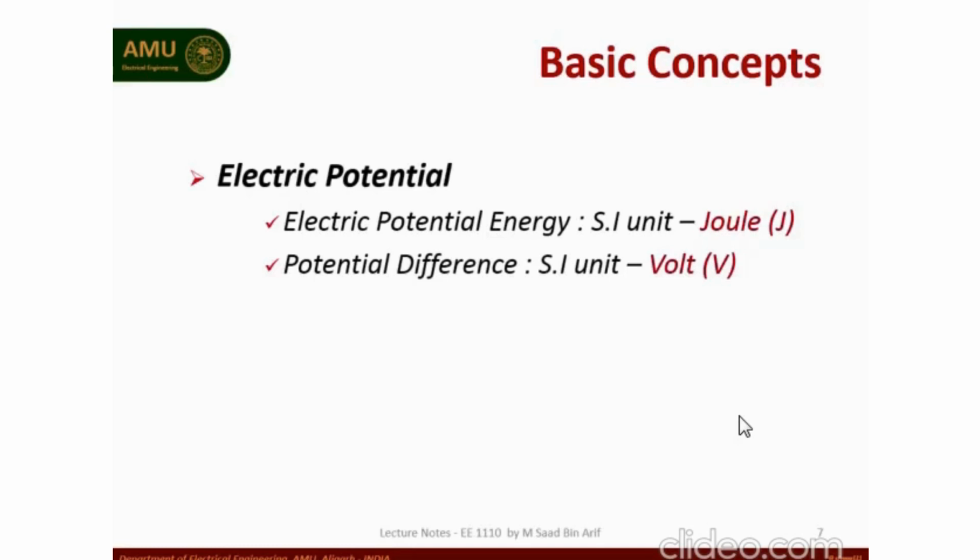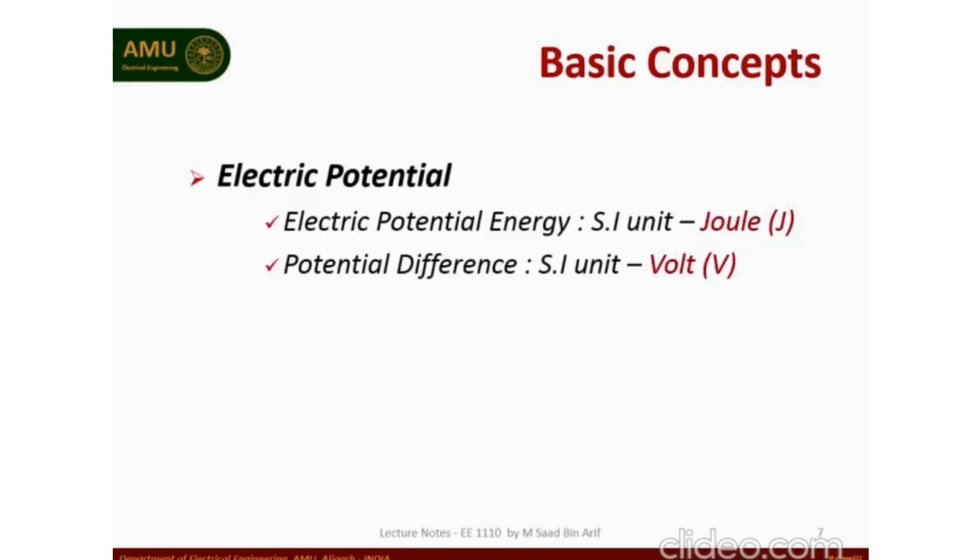It is basically a potential difference between the reference point and the given point. So the SI unit of electric potential difference is the volt, symbolically represented by a capital letter V. This unit is named after the Italian scientist Alessandro Volta.